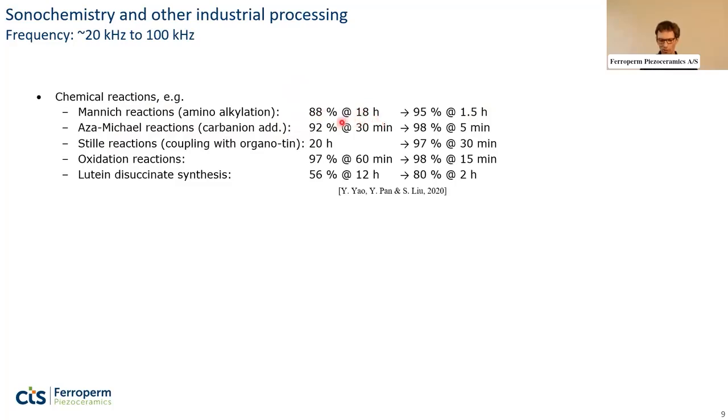Just look at some examples. With 18 hours of reaction time, you may get 88% without any ultrasound, but then when you apply ultrasound at the right conditions, just in 1.5 hours, you can get a higher reaction completion, so you can get a 95% reaction just in a fraction of the time. And you see some other convincing cases here. For example, for oxidation here, maybe you get almost the same conversion efficiency, but in 1/4 of the time.